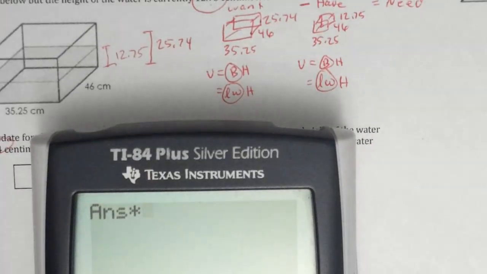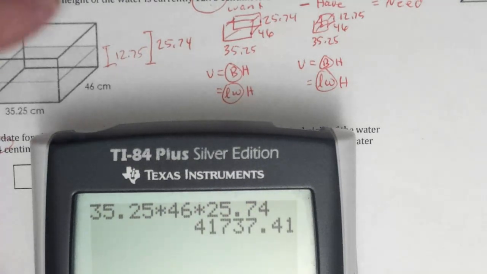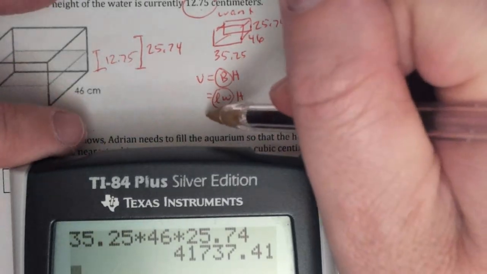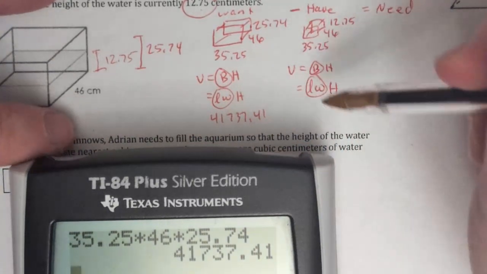So, getting out my calculator. Okay, 35.25 times 46 times 25.74. And we pop out with this number. All right, so we got 41737.41.